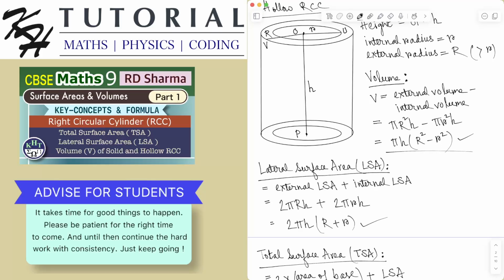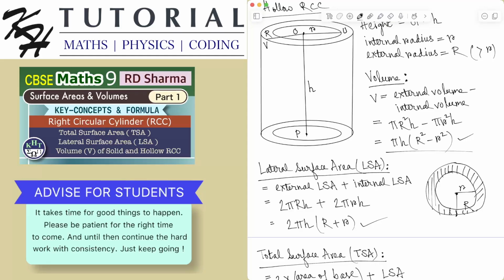This is the surface area of each end face or base face, where the internal radius is small r and the external radius is capital R. So the area of the shaded region is the surface area of each end face, which will obviously be equal to pi capital R square minus pi small r square.